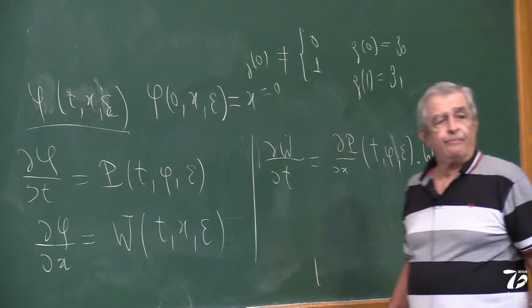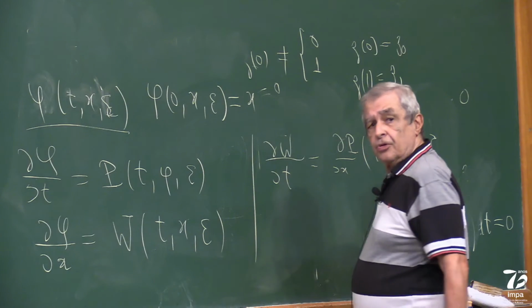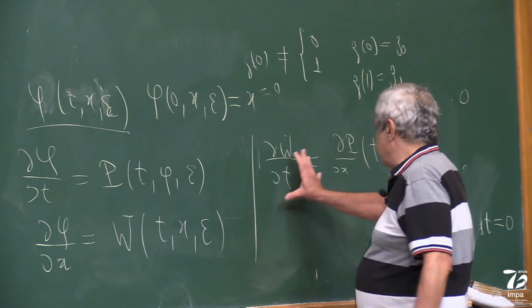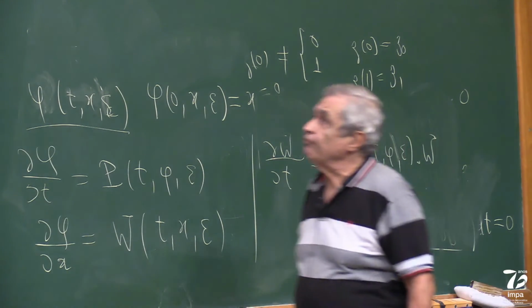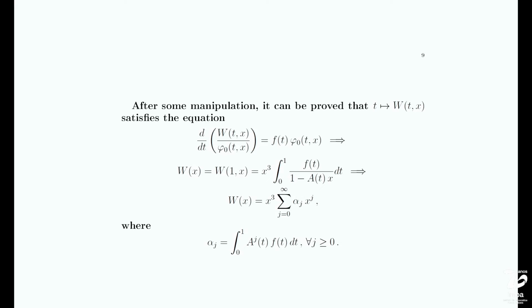When you assume that you know the solution phi here, this W is a kind of variation.